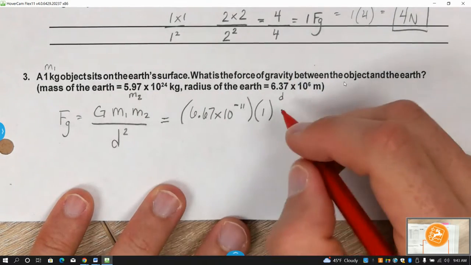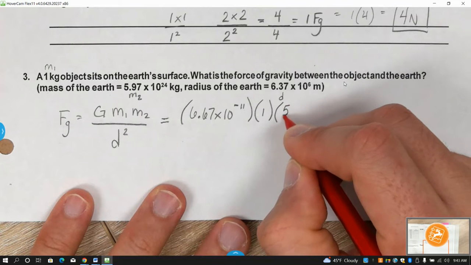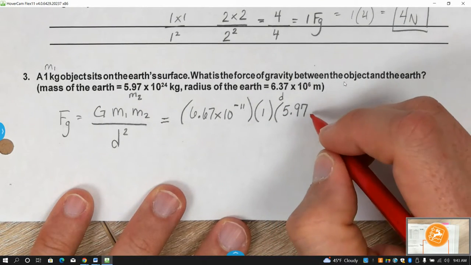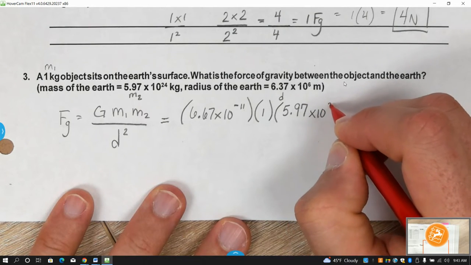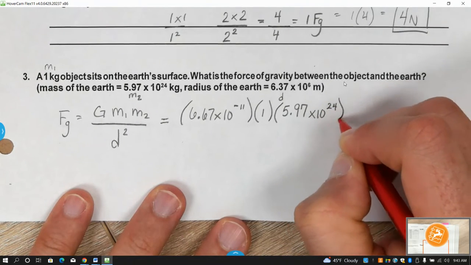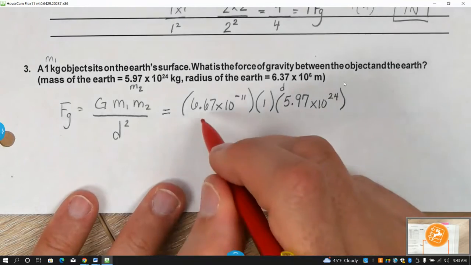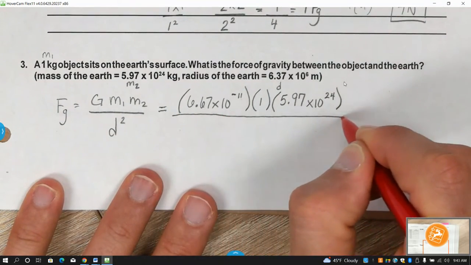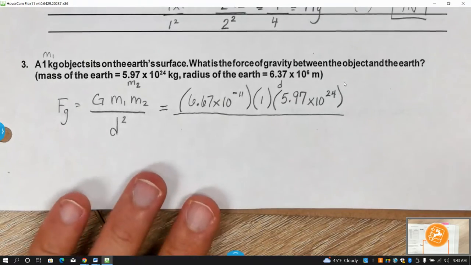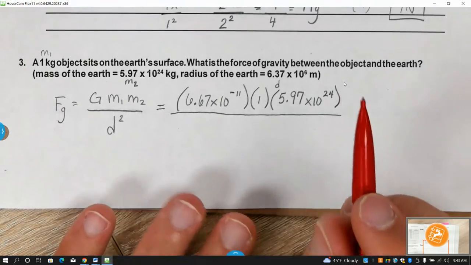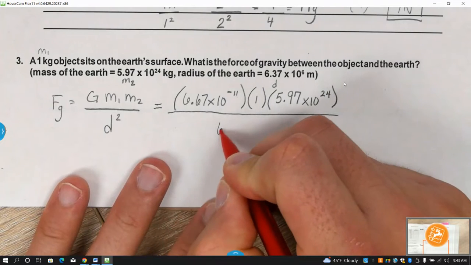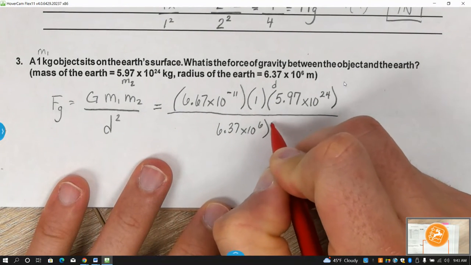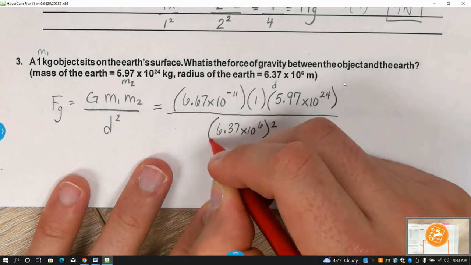And M2 we have as 5.97 times 10 to the 24th. Yes, very big. And then what do we have on the bottom? 6.37 times 10 to the power. And we just can't forget to square that.